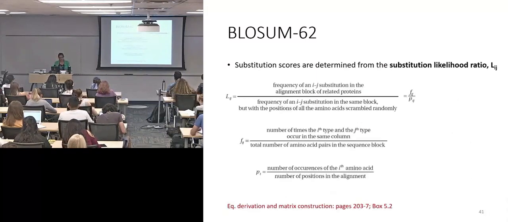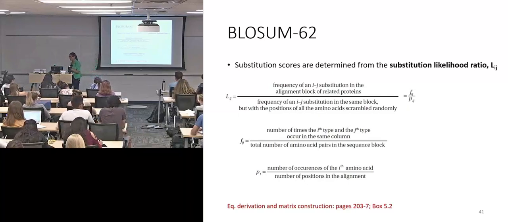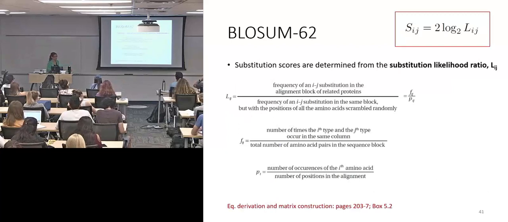So substitution scores, our Sij, are determined from the substitution likelihood ratio, or Lij. The derivation of these equations and matrix construction has details in your textbook, box 5.2, pages 203 to 207. I don't need you to use any of those equations unless you want to. Here's the only one you need, and it will be given.